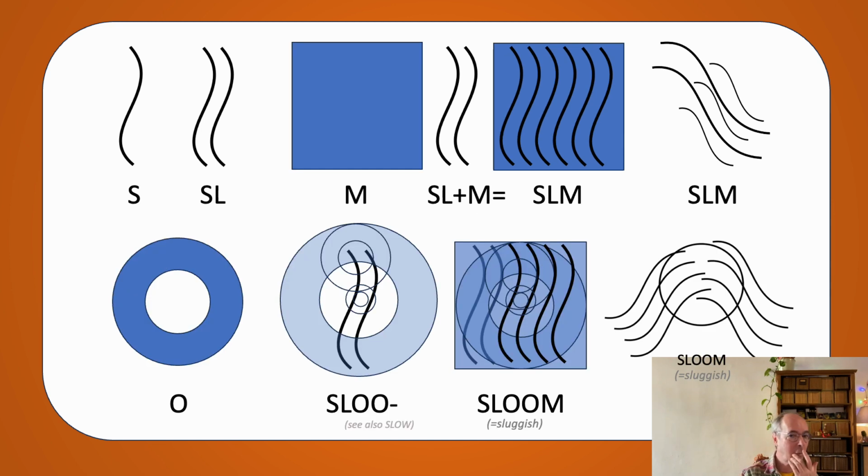So we have a couple of words. I can also combine it with O, like in slow, just reminds us of slow, or SLOOM. It means sluggish. Once they start to interfere within one environment, the SL with the M, so these waves and the matter, it will not be a very dynamic thing.